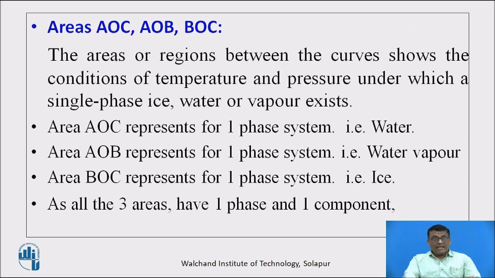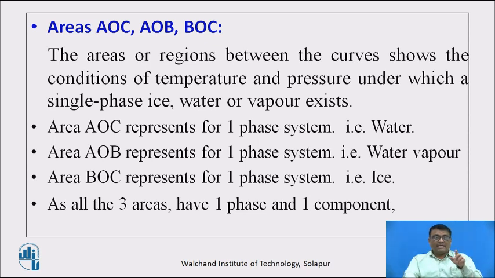Now we are looking at the areas. The areas or regions between the curves show the conditions of temperature and pressure under which a single phase, ice, water or vapor, exists. So if you look at the phase diagram, in one area only one phase is there, either solid, liquid or vapor. So three areas are there.